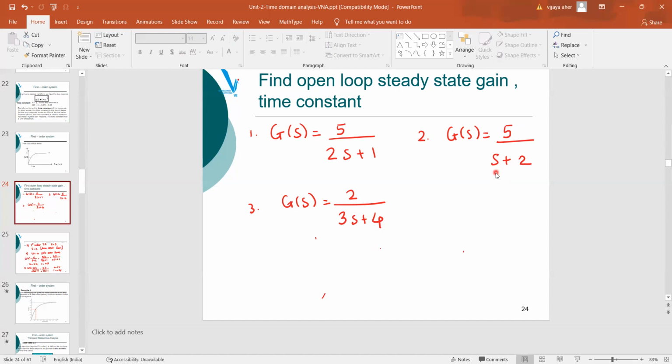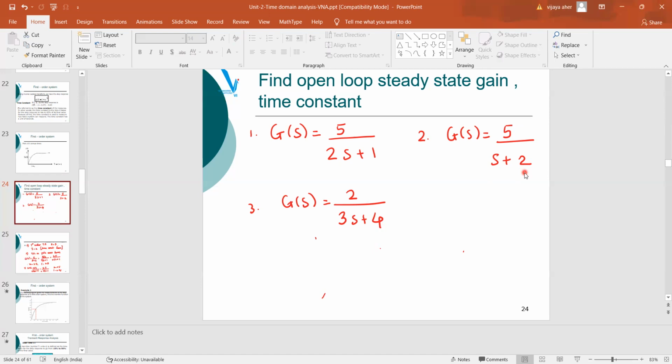We want our transfer function equation in this form, that is 1 divided by 1 plus some coefficient into s. So for that you have to divide this numerator and denominator by 2. So your equation becomes 5 divided by 2, divided by s divided by 2 plus 1.